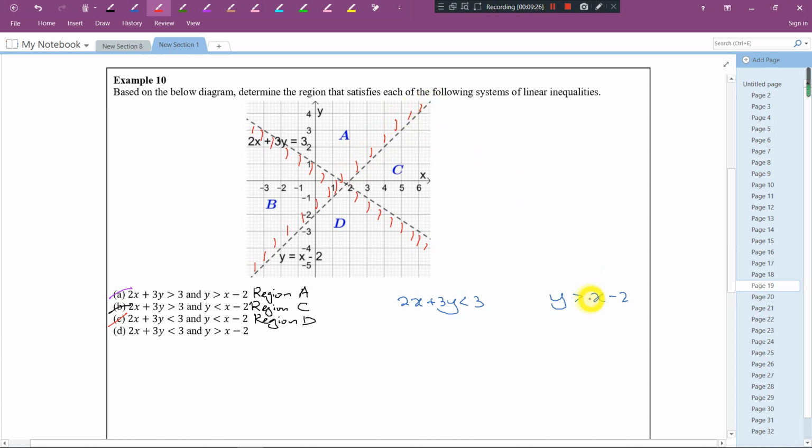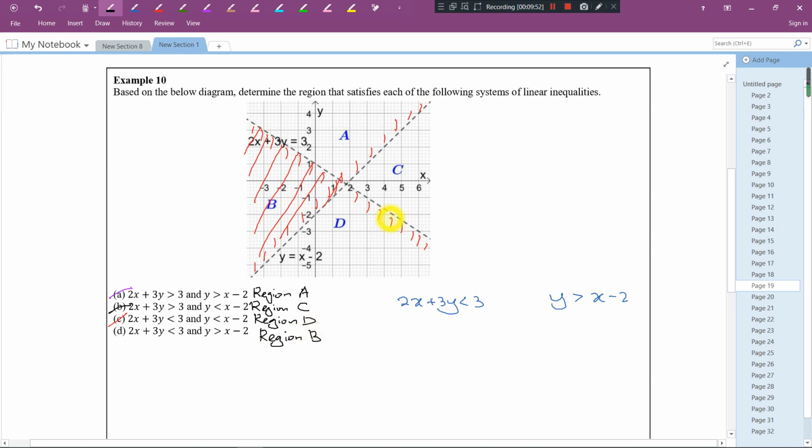So always remember, when you want to determine the regions above or below, make sure you look at y and make sure the coefficient of y is positive. Okay, so from here, the overlapping area, the common region for both linear inequalities will be here, right? So the answer is region B.